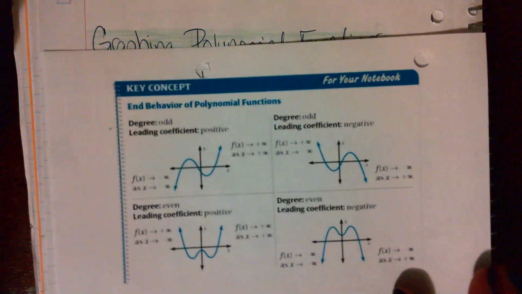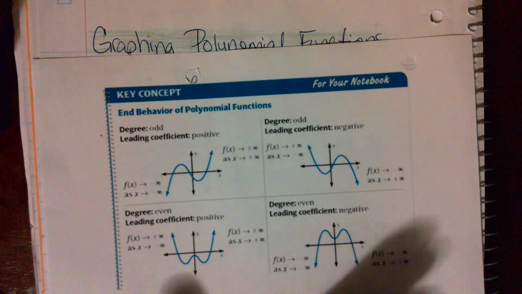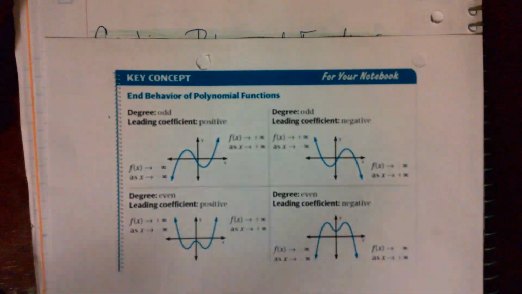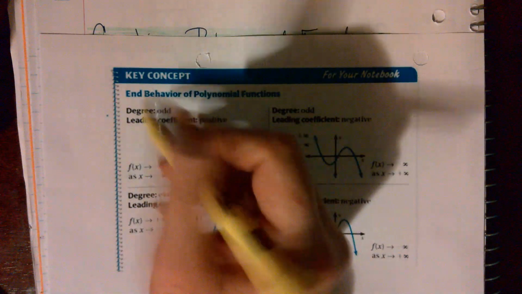So as we work on this lesson, we are going to use this reference sheet here, and it is attached in Google Classroom, but this is going to help highlight the different end behaviors that can happen in a polynomial function. And we can describe the end behavior using this little cheat sheet by knowing the degree and the leading coefficient.